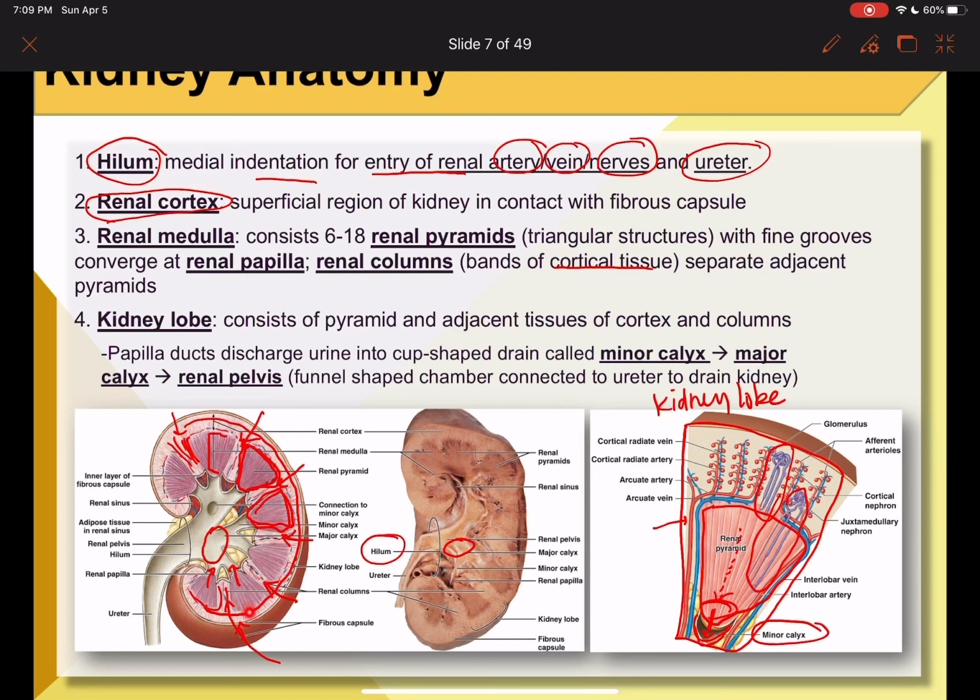So urine flows from your renal pyramid into your renal papilla, and then drains into your minor calyx and into your major calyx, which then drains into this entire funnel-shaped area called the renal pelvis. Okay, and from the renal pelvis is where your urine will drain into the ureter. So this whole area is the renal pelvis. Okay, and then it continues draining the urine downwards into your ureters.